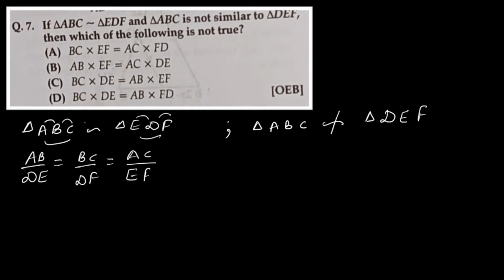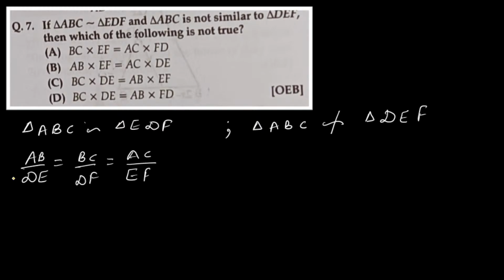Because ABC is similar to EDF, that's why if these two triangles are similar, then the ratios of the corresponding sides will be equal. Now we have to see which of the following is not true.